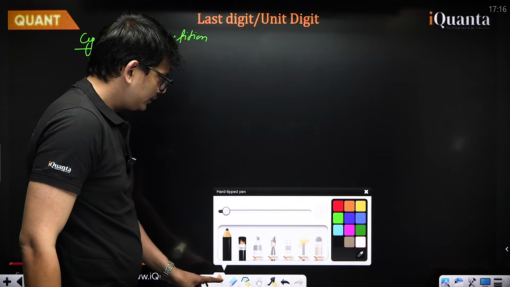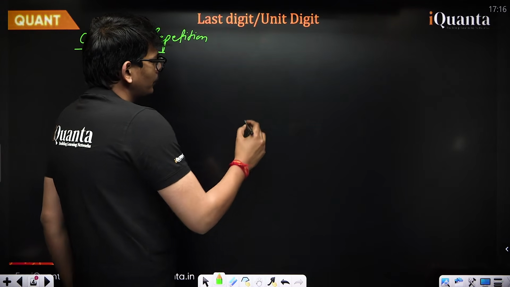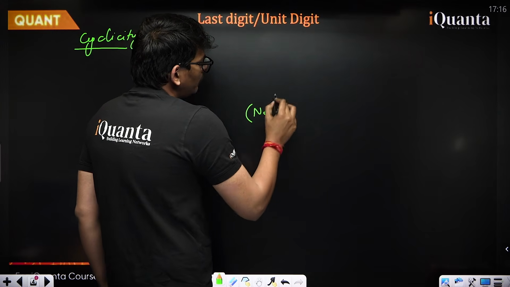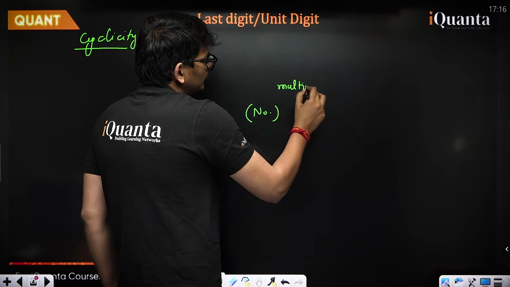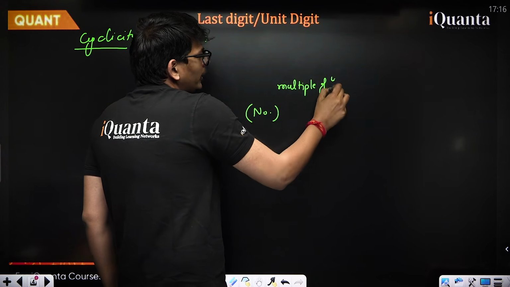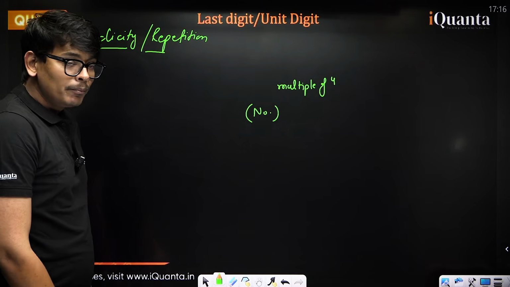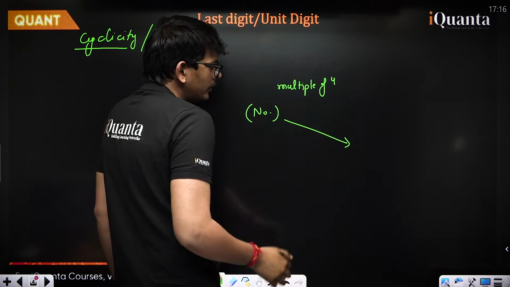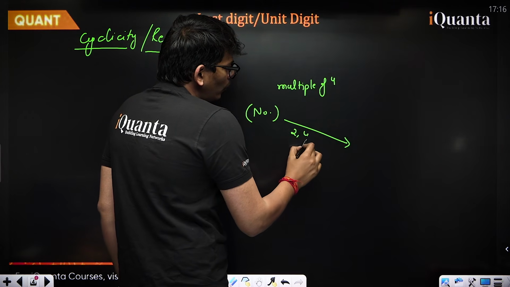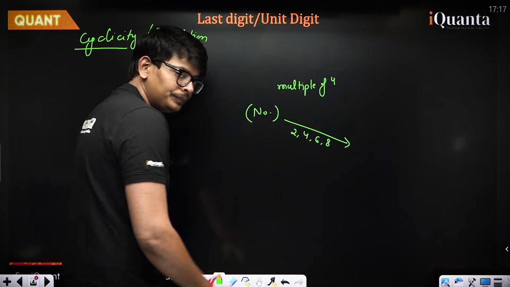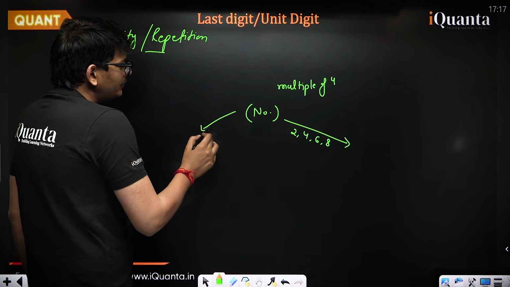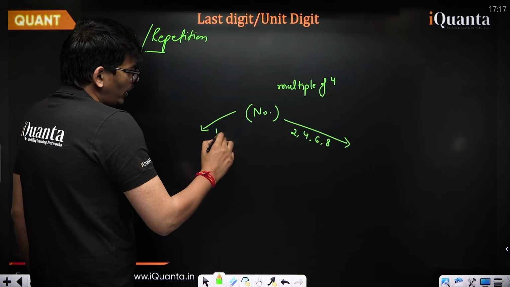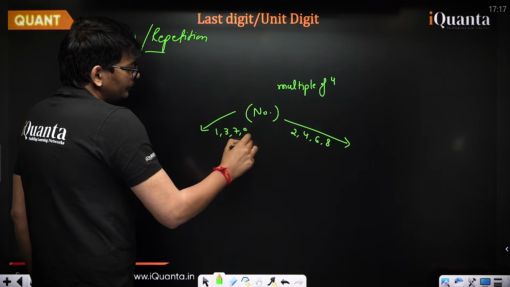Okay guys, a shortcut says any number, this is your number and power is multiple of 4. Now this number can be even, can be odd. So that means if number ends with 2, 4, 6, 8 or if a number ends with 1, 3, 7, 9.